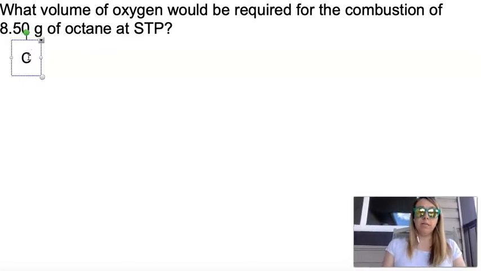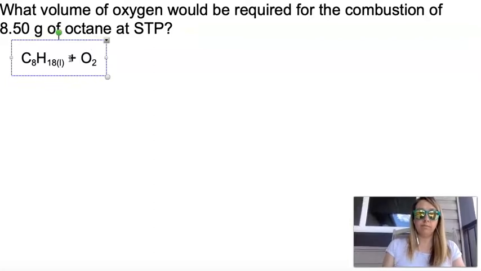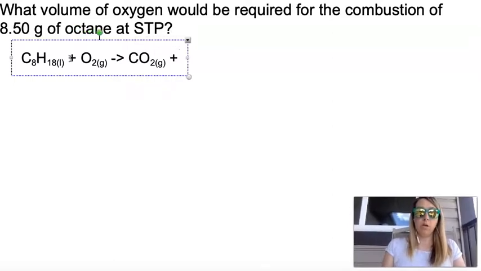So octane, C8H18, it's a liquid, right? This is what you use in your car. Plus oxygen. And this is going to give us CO2 and water. Okay, we need to balance this.